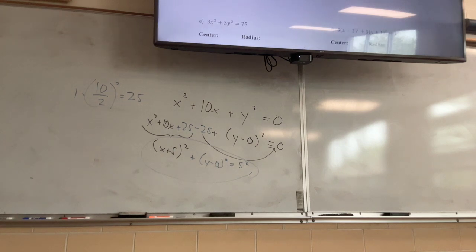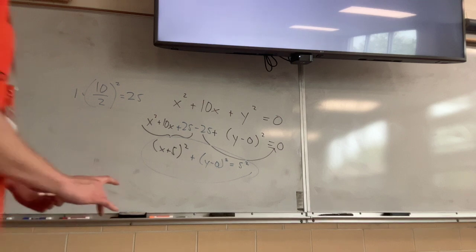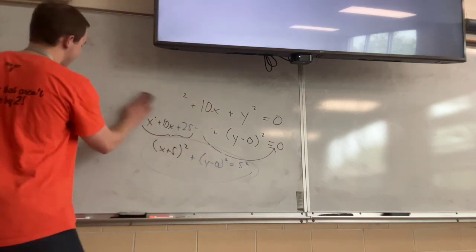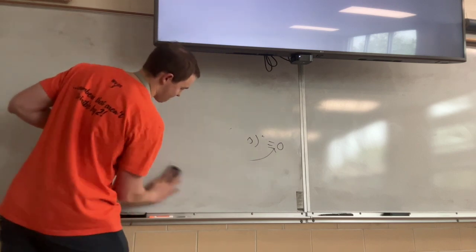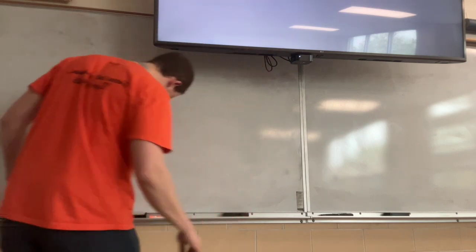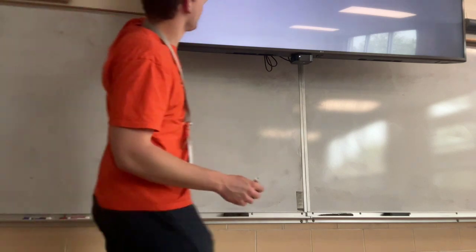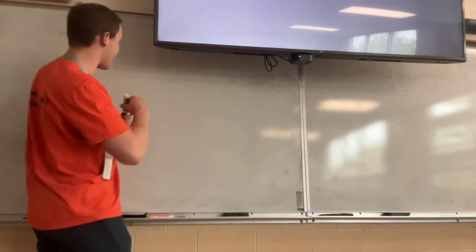All right. Let's do C now. For C, the first thing I want to do is group my x terms together and group my y terms together. So my x squared and my plus 6x, I'm going to write those right next to each other.